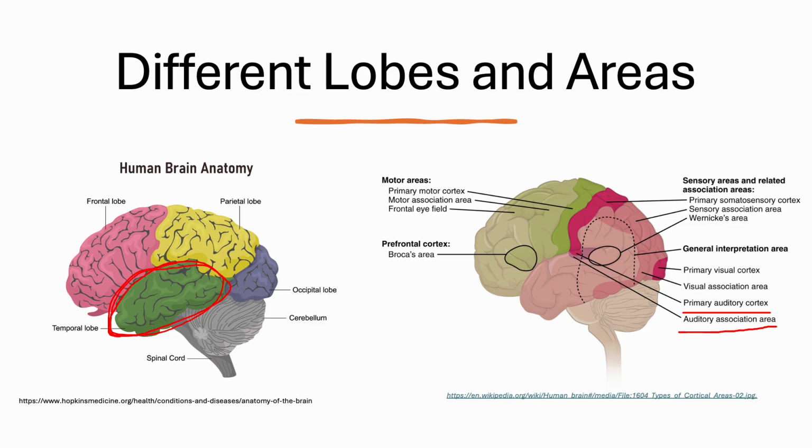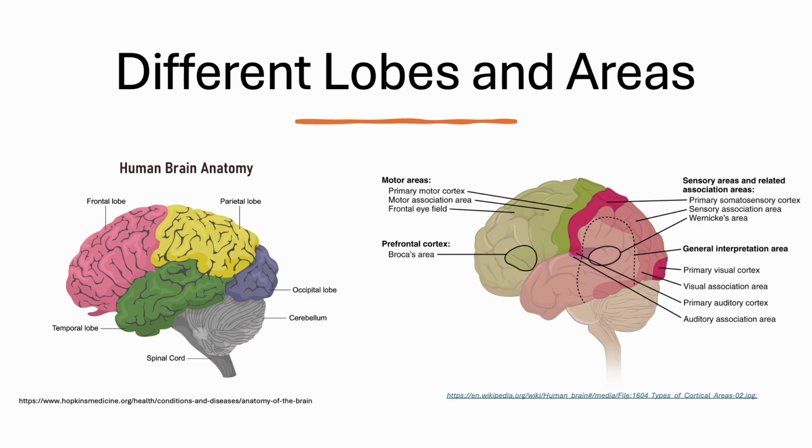The next one is the parietal lobe, and this one is associated with somatosensation, meaning the general sensations associated with the body.